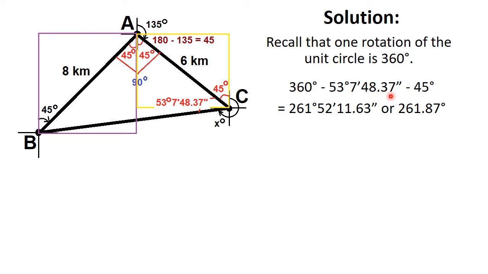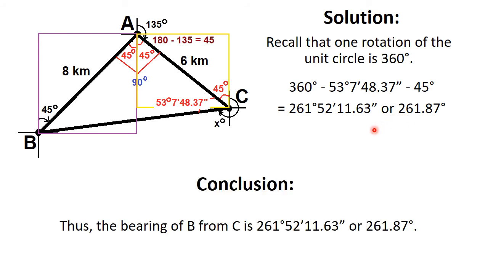The difference that you will see from your calculator is 261 degrees 52 minutes 11.63 seconds, which is equivalent to 261.87 degrees. We have now obtained the value that the problem is looking for.